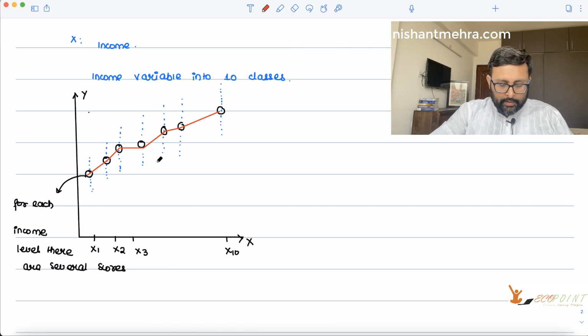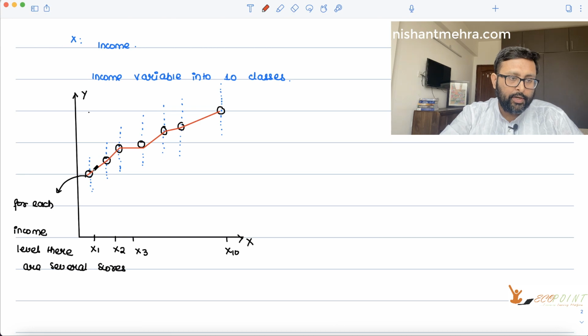So these are the points which you are connecting the line. What are these points? These are the conditional means of Y given X. So you've got the marks for 10 people for this income class, and then you've got the mean of them. Then again, 10 people here for this income class, and the mean of them.